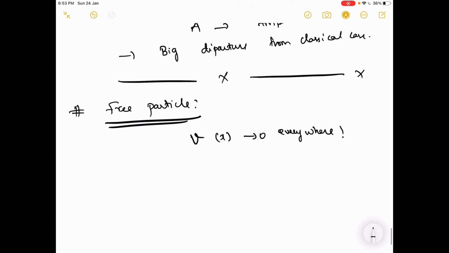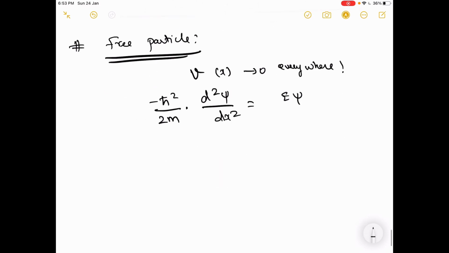Okay, so let's write the Schrodinger equation: minus h bar square by 2m d square psi by dx square equal to E psi. And the solution for this is from the previous case, but now we will not use the sines and cosines, but let's use the exponentials.